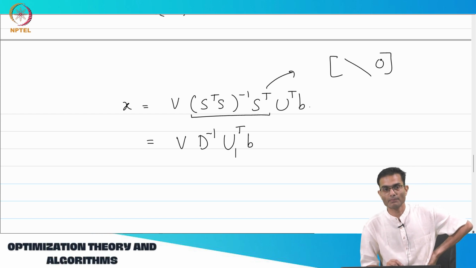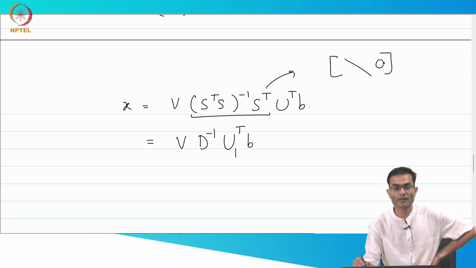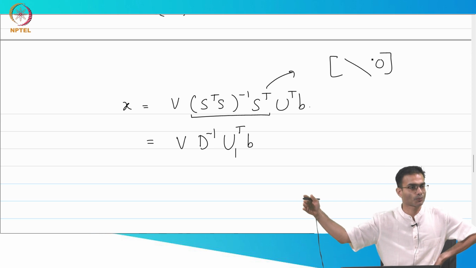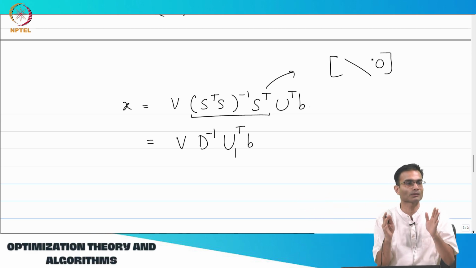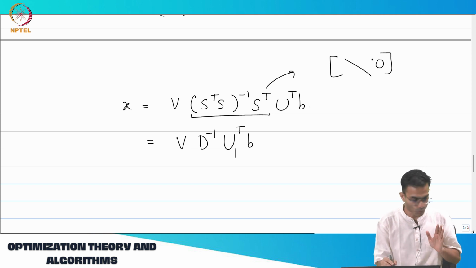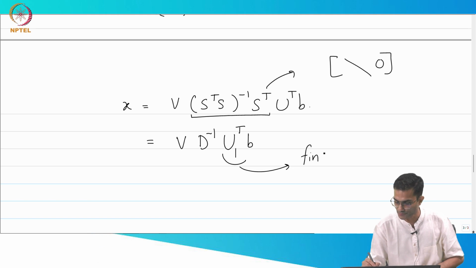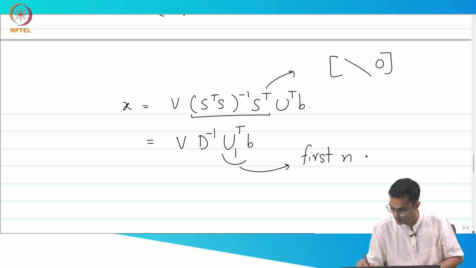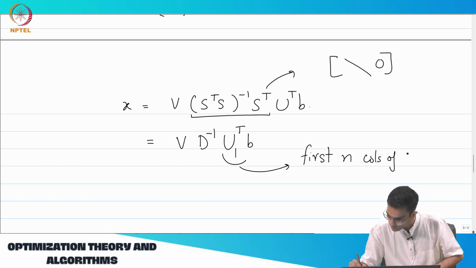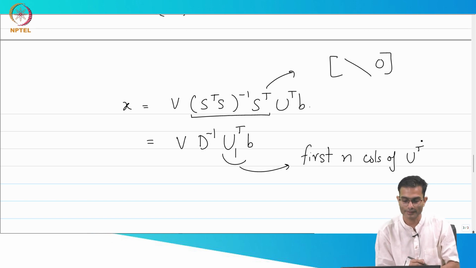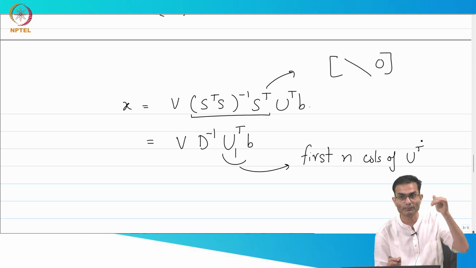When it gets multiplied by U transpose, a whole bunch of zeros get multiplied by the rightmost columns of this U transpose. So what I will be left with are the first n columns of U. So U1 is the matrix formed by the first n columns of U, transposed, and then D inverse is just my 1 by sigma i.